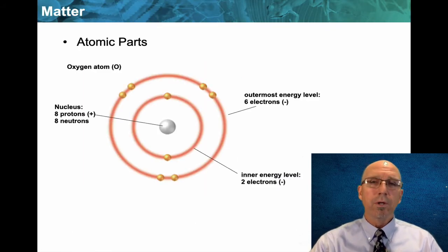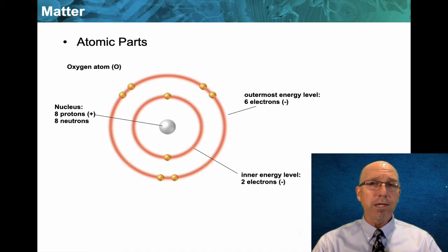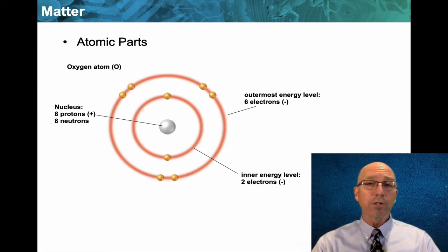So a quick review, right? An atom. This is an oxygen atom, has an atomic number of 8, which means it has 8 protons. It also means it has 8 electrons. In this case, this oxygen isotope has 8 neutrons. So 8 protons have 8 positive charges, 8 electrons have 8 negative charges, and neutrons have no charge at all.